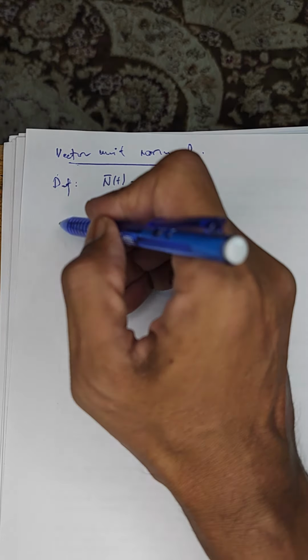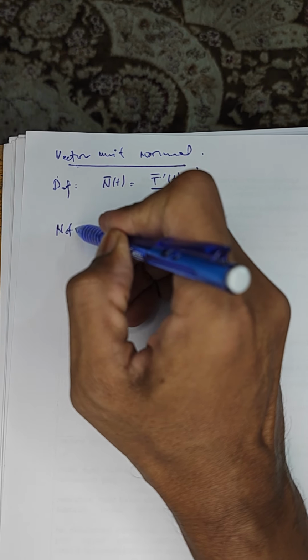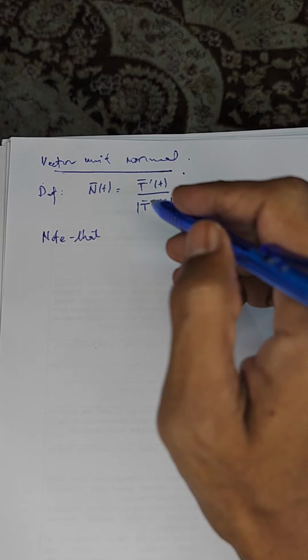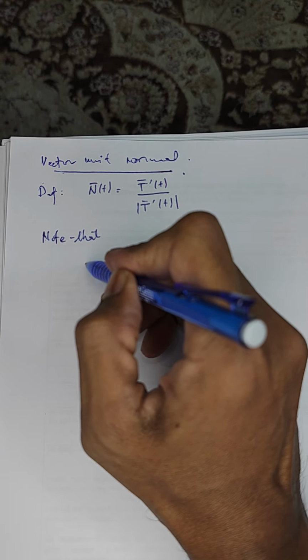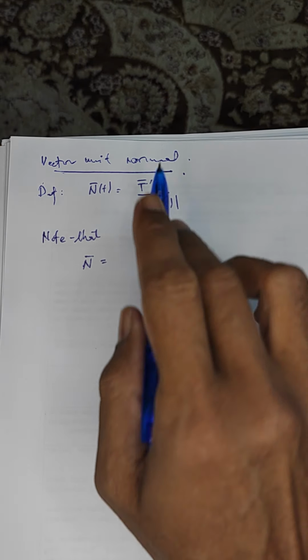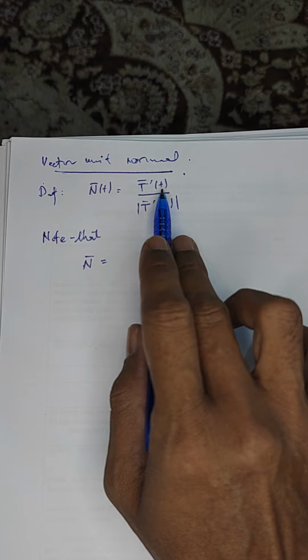Okay, so note that the vector unit normal N, we have T prime.